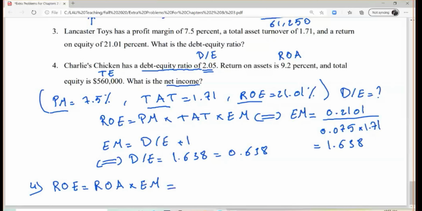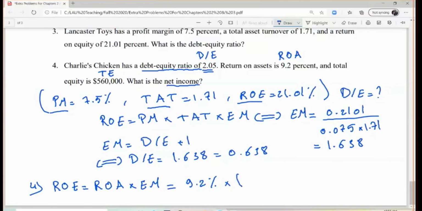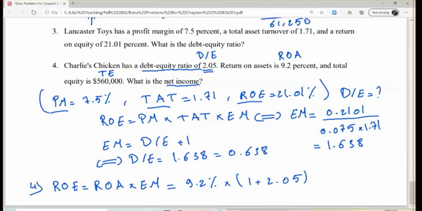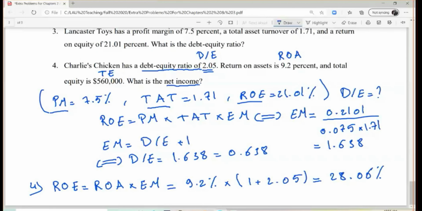The return on assets is 9.2% times the equity multiplier, which is 1 plus the debt to equity ratio. So 1 plus 2.05. The return on equity is 28.06%.